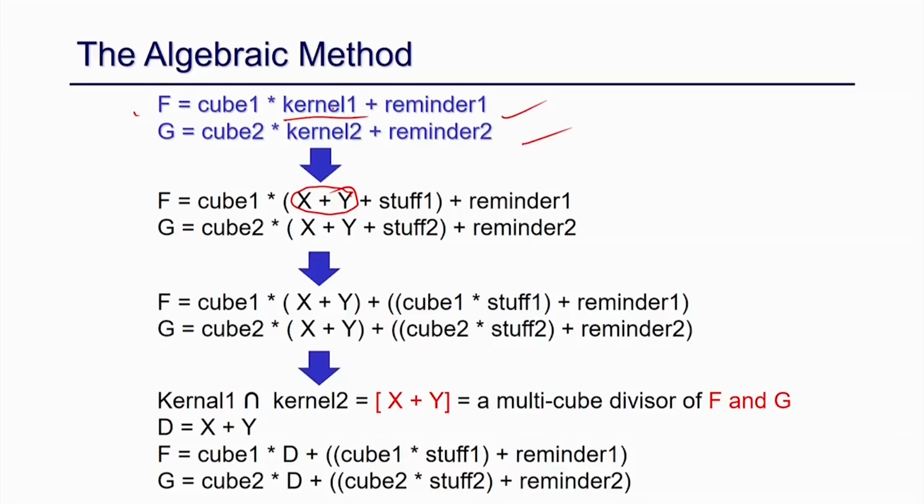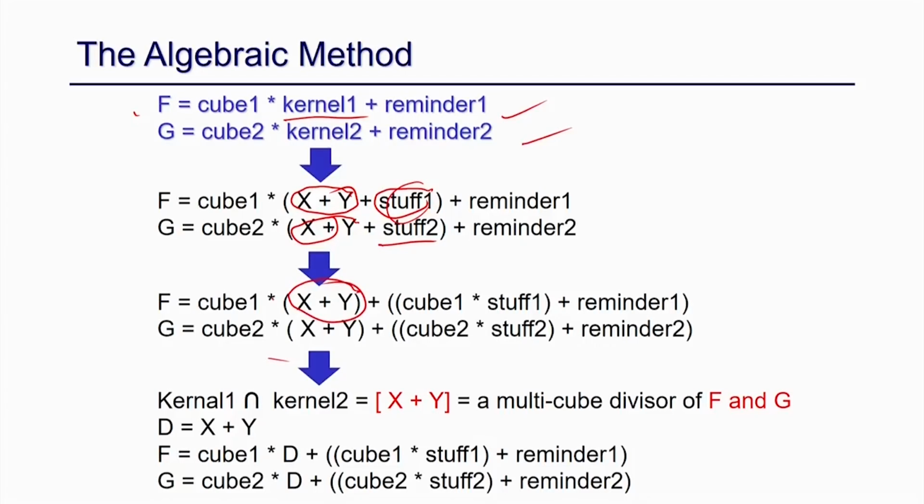So, I can rewrite this kernel 1 by this, with some other subexpressions, and this kernel 2 has this common part and this other part. Now, what I can do is find this q_1 into this plus q_1 into the other stuff, and I can rewrite this by this. Then what is happening is that this x plus y is the common divisor part.